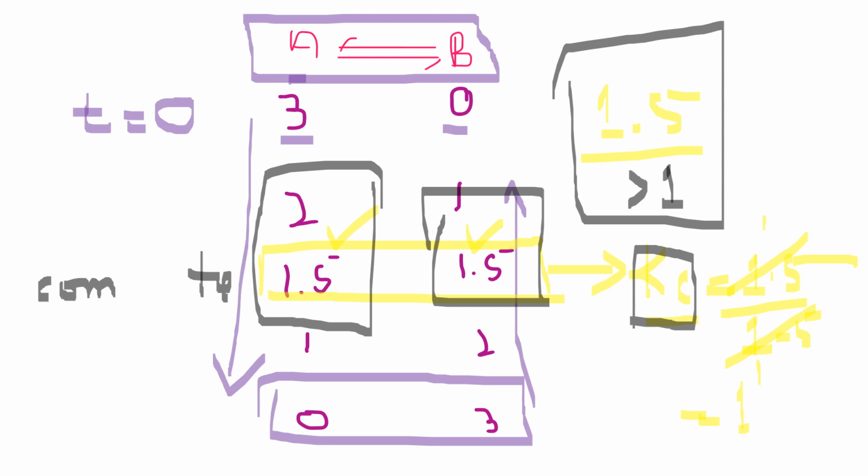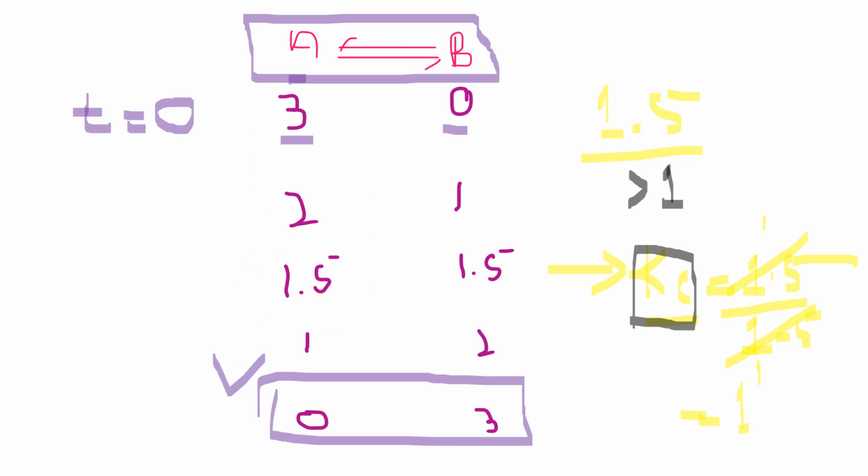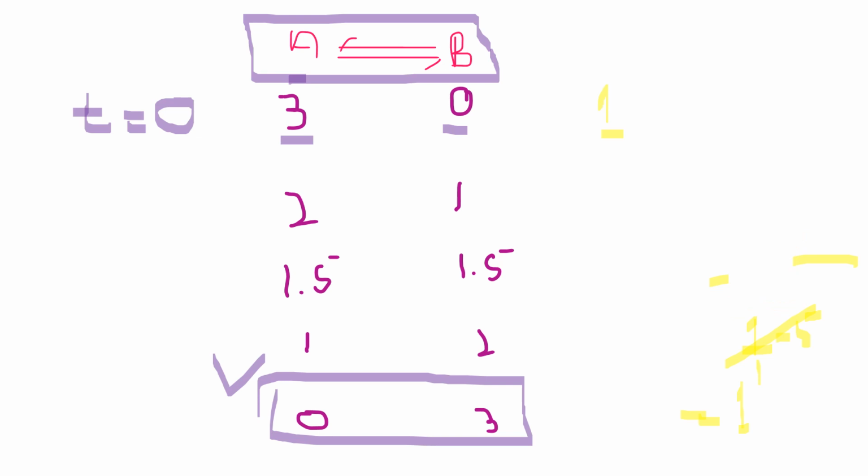Now if we talk about another condition which is smaller than 1, just suppose, for instance, let me remove it. Okay. For instance, this is not 1.5, this is 0.5. Now first we have to look at whether it is greater than 1 or less than 1.